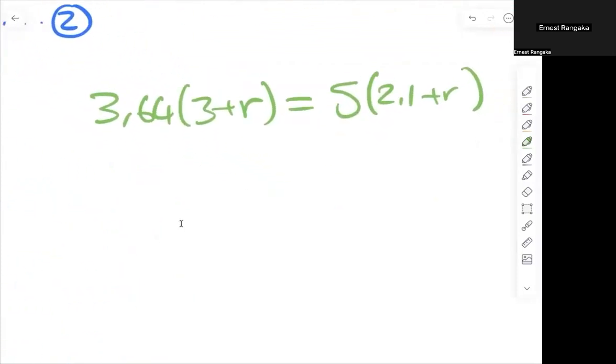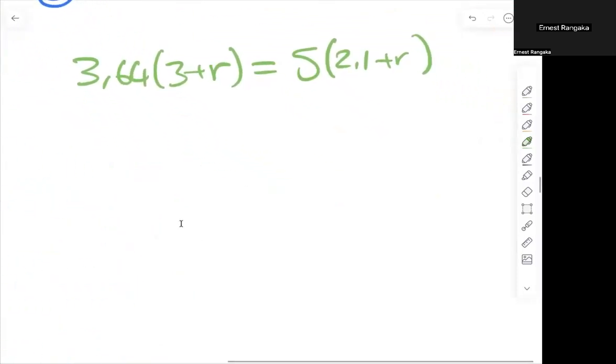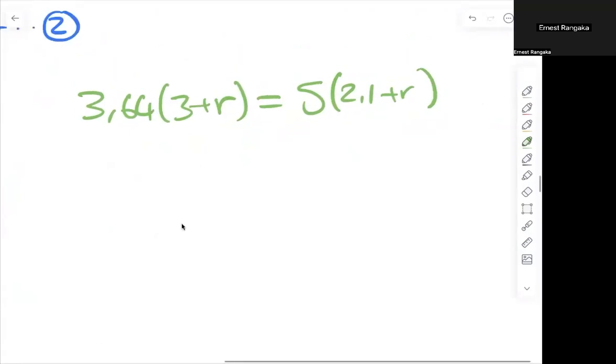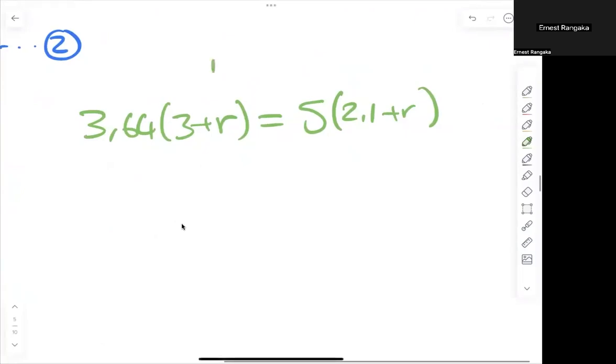Let's quickly work this one out. What I'm doing here is basically saying equation 1 equals equation 2. So we can then say 3.64 times 3, which is going to be 10.92.